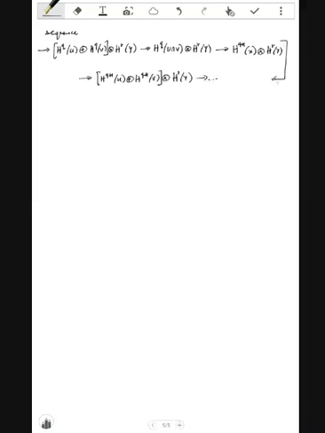So let us denote this long exact sequence by L(q, r).